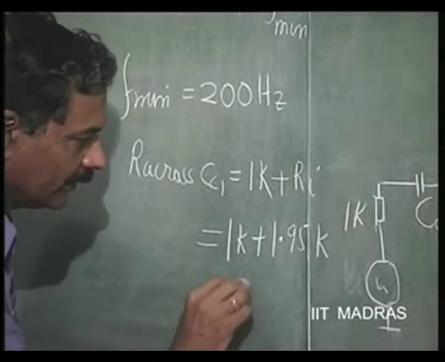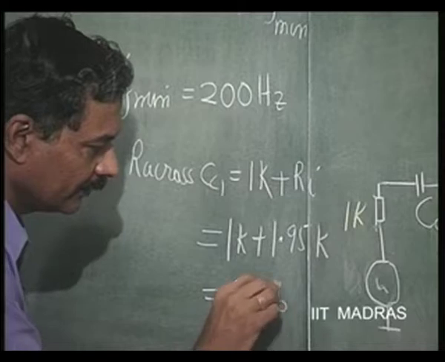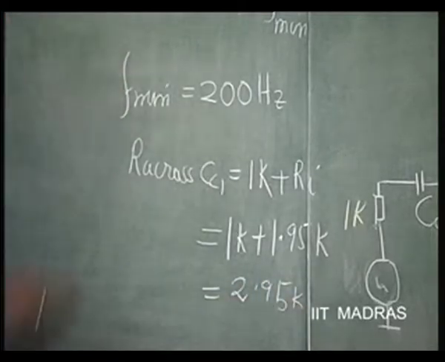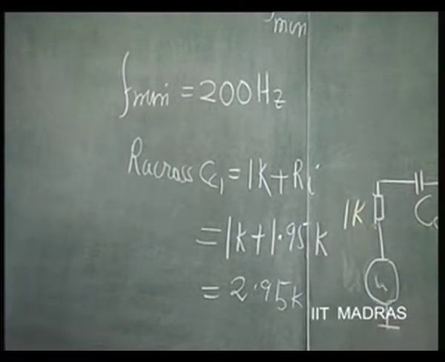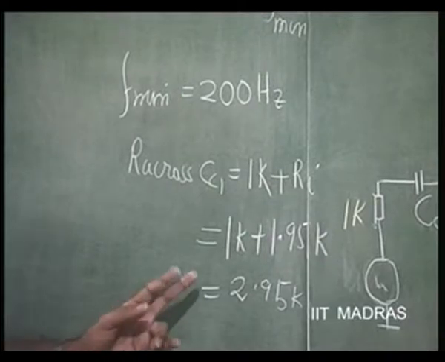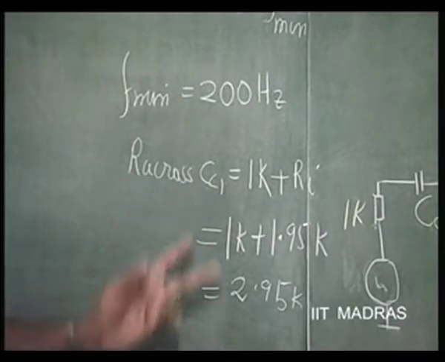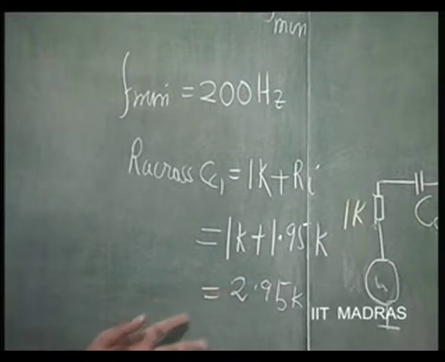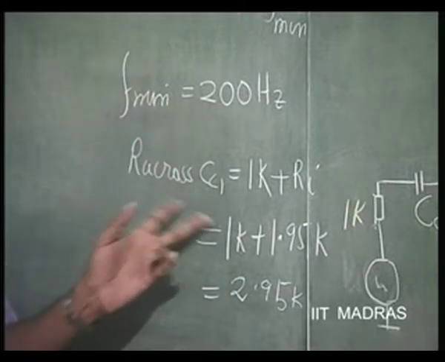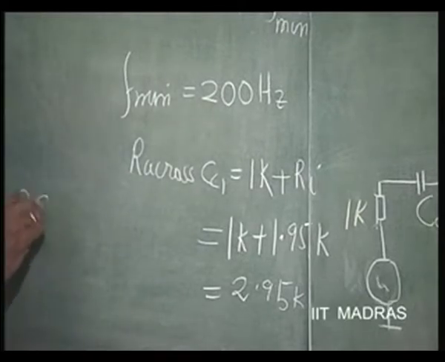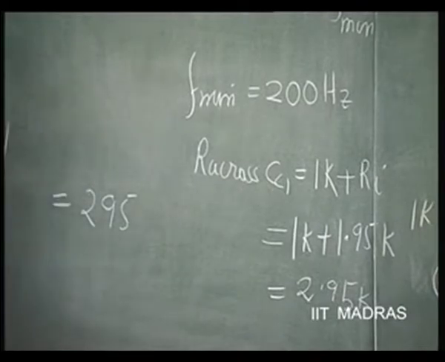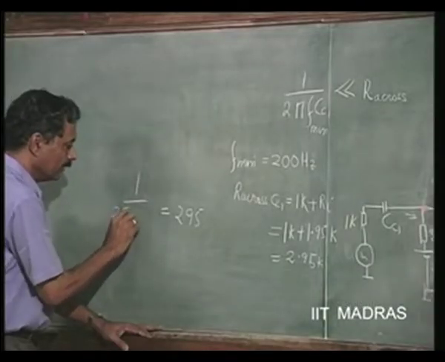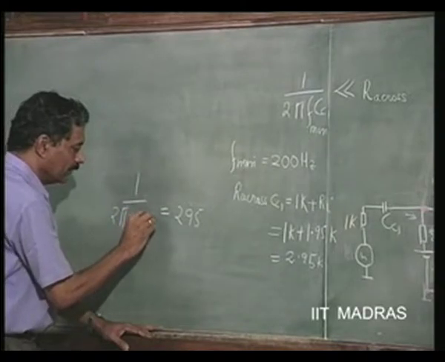So, this should be 2.95 k, or the resistance seen by the capacitor should be less than 295 ohms, 1/10. We will take it as 1/10. The resistance actually seen across the capacitor is 2.95 k. The resistance offered by the capacitor at the minimum frequency of interest should be of the order of 1/10, let us say 295 ohms. That means 295 is equal to 1 over 2 pi f minimum into CC1.